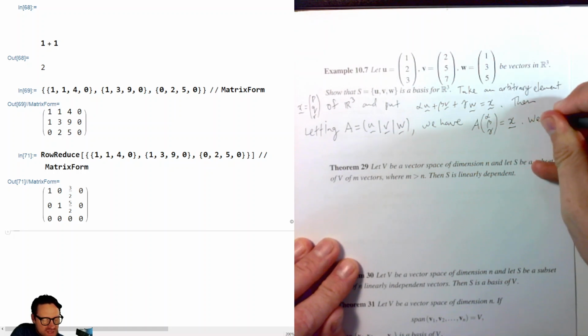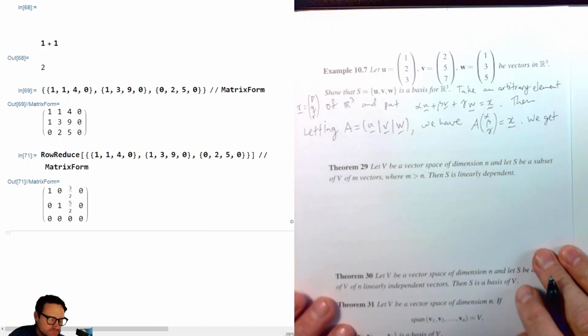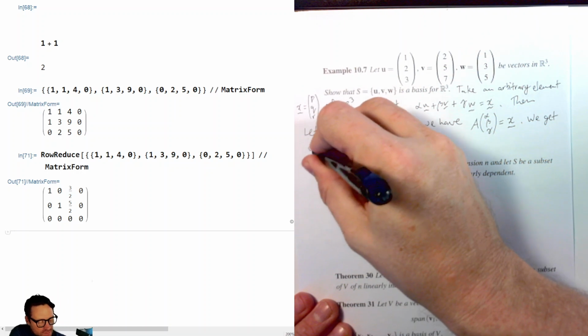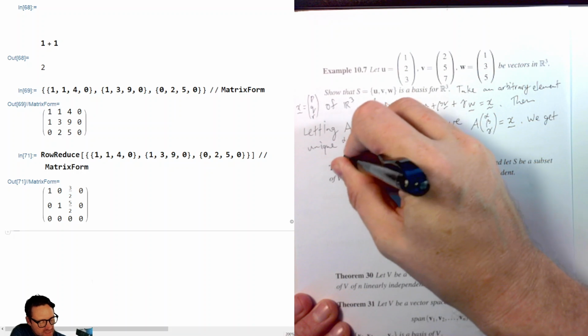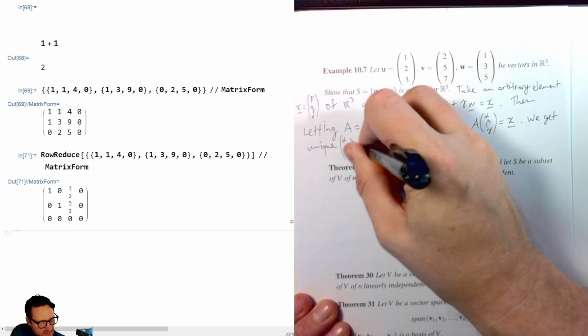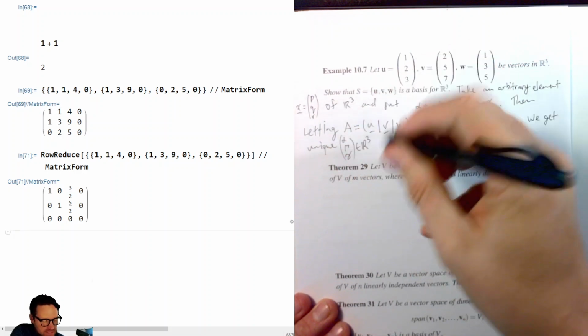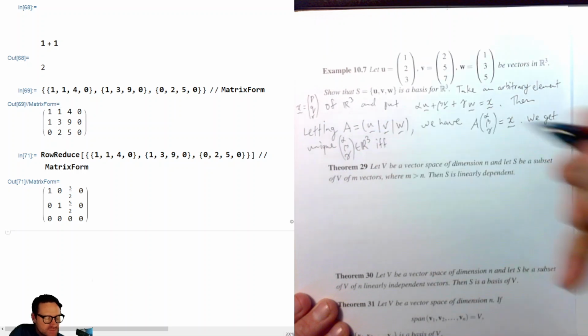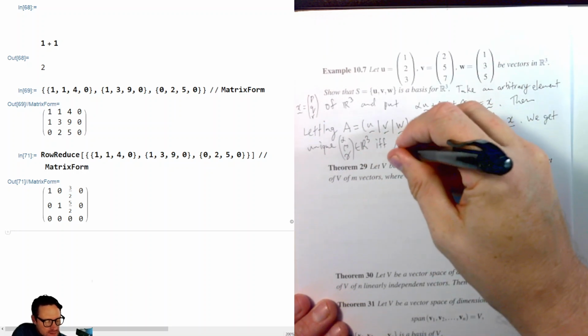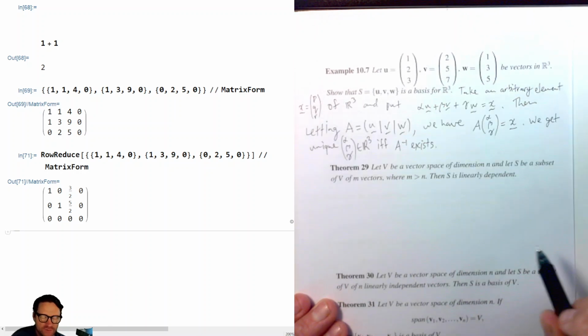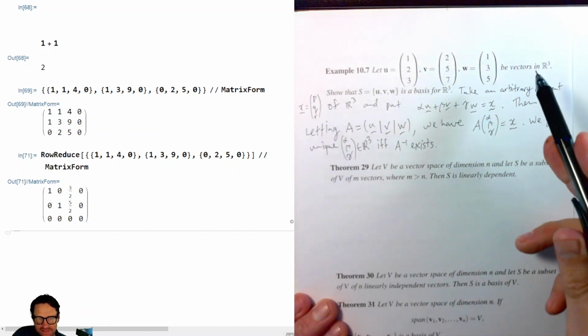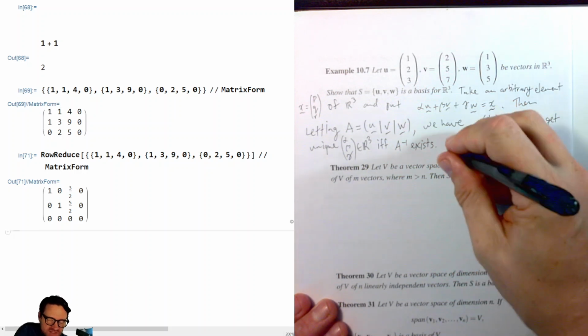So let's note that. We get unique alpha, beta, gamma in R3 if and only if A inverse exists. Okay, so all we really need to do is calculate the determinant of the matrix A.